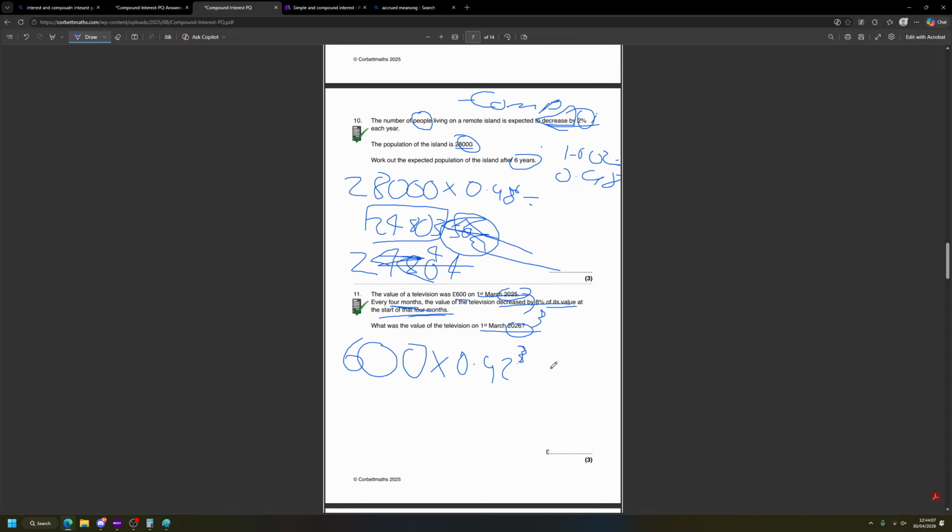We're compounding 3 times. If we were to have a calendar, it would be from March to July to November to March again. I skipped something. No, I didn't.